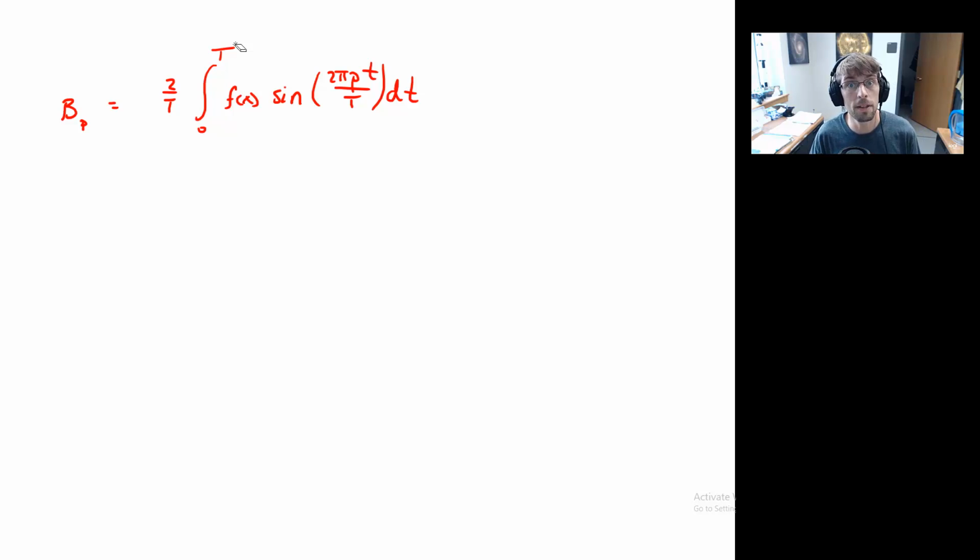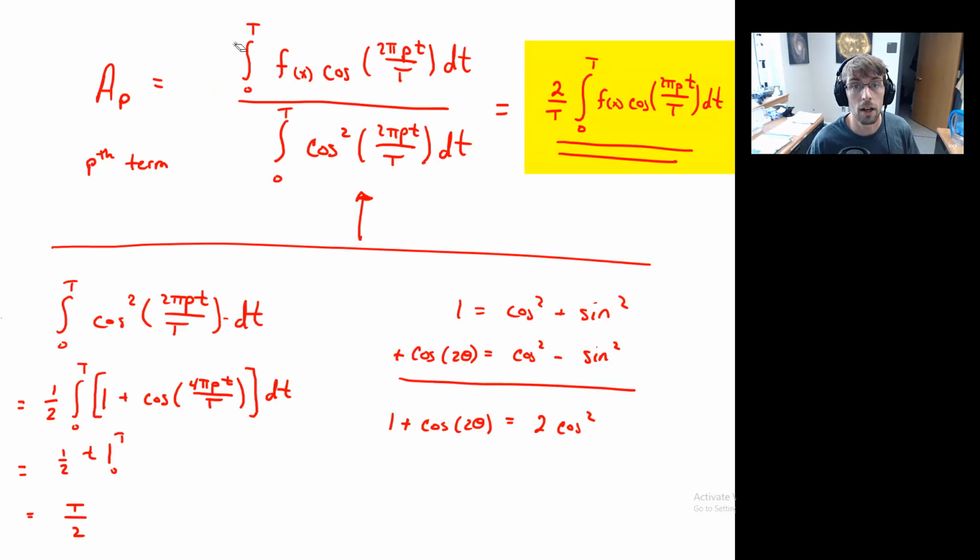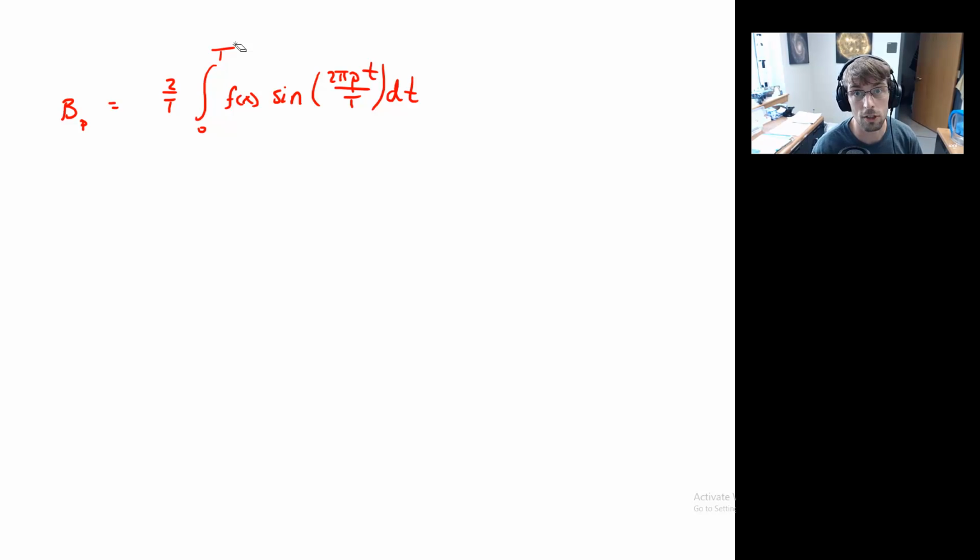To determine the coefficients for each cosine term, I can use this equation on the previous page. To determine the coefficients of the sine term, I can use this equation. Same equation, essentially. And therefore, I can replace whatever my complicated function is with this linear combination of cosines and sines.